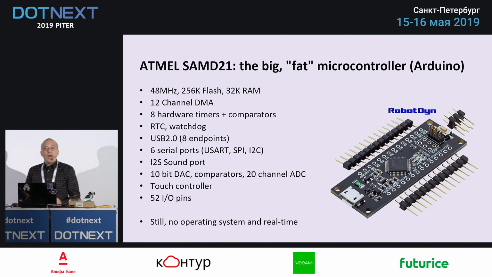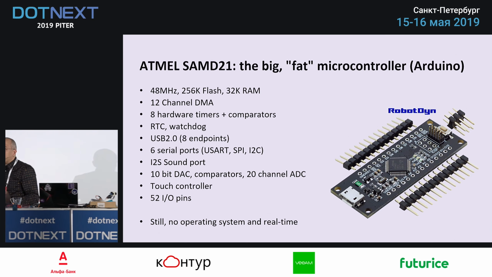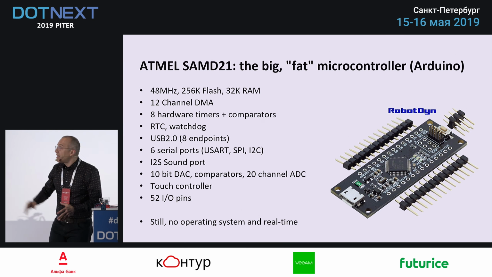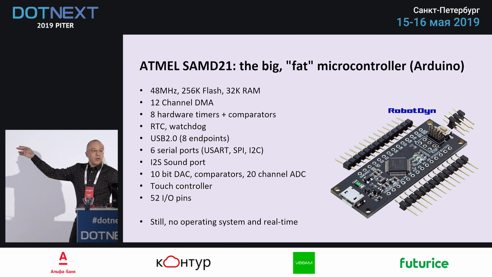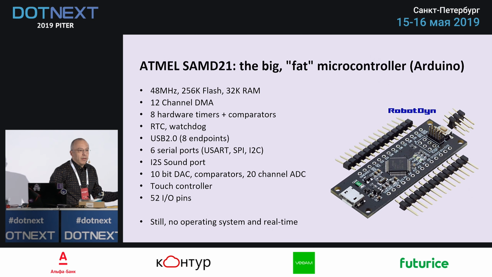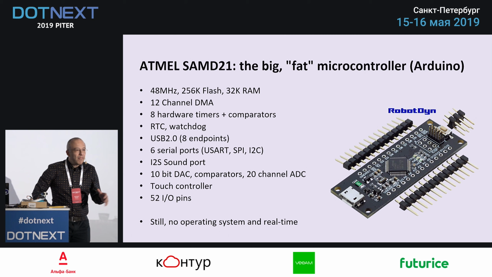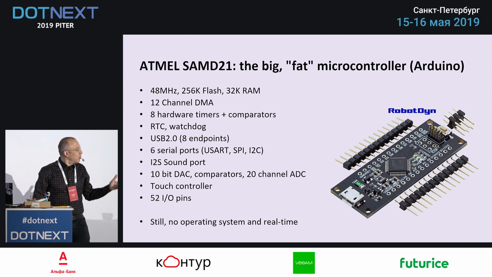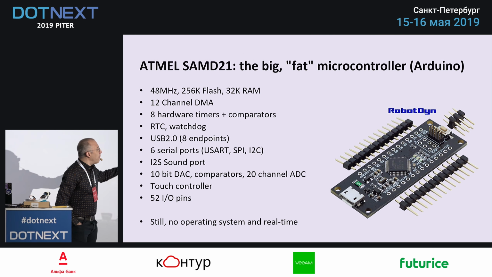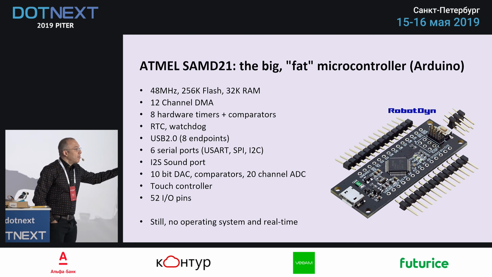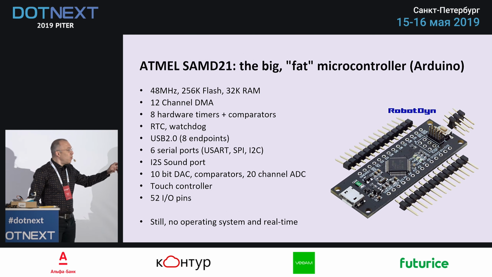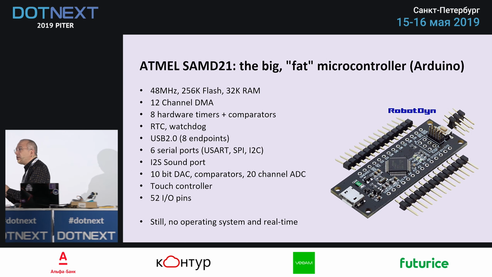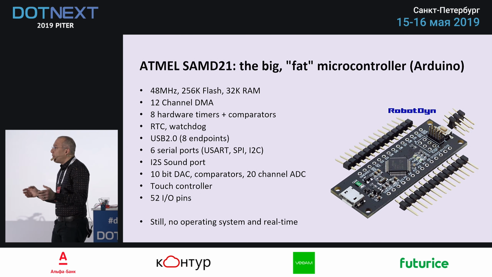Then if you want to have more power, but again, without an operating system, you go to this kind of device. By the way, this company is a Russian company, which I don't have anything to do with, but I discovered that it's based in Moscow. And it's an extremely powerful microcontroller, which has DMA. I mean, you can imagine on a single chip, you have a real computer with DMA.